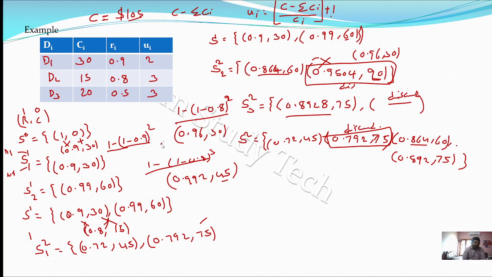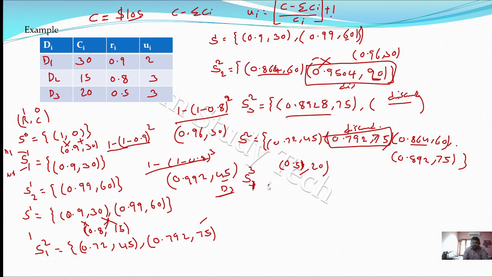Now you can see the same procedure, here it is device 3, one copy, that is D3. Here also we can consider, already device D3 reliability is 0.5, comma 20.